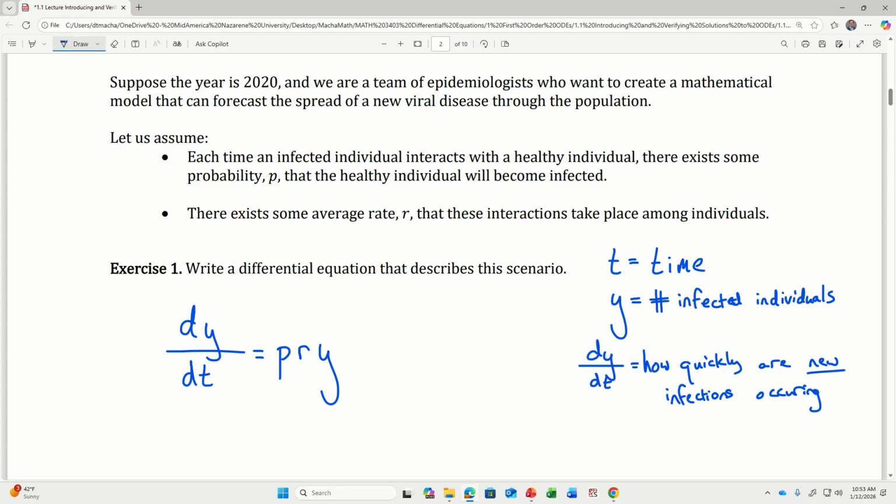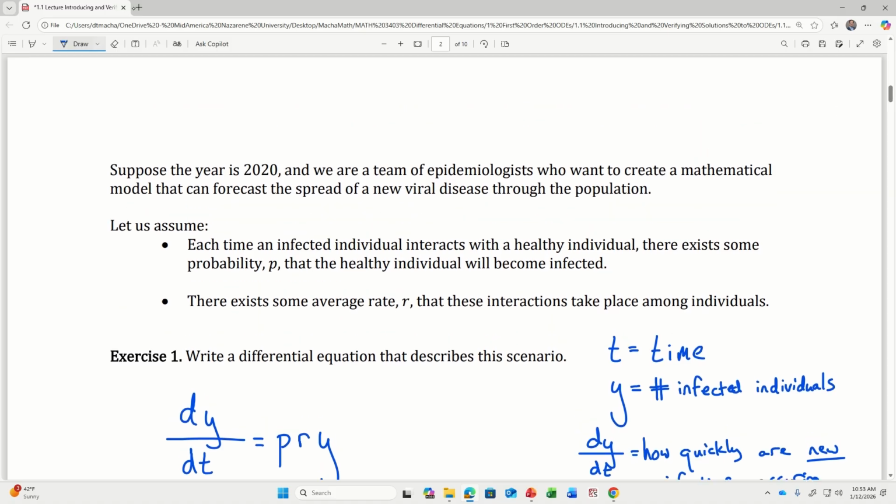new cases. And if you want to extend this argument, really to make a new infection, you don't just need an infected person, you need an infected person interacting with a healthy person.